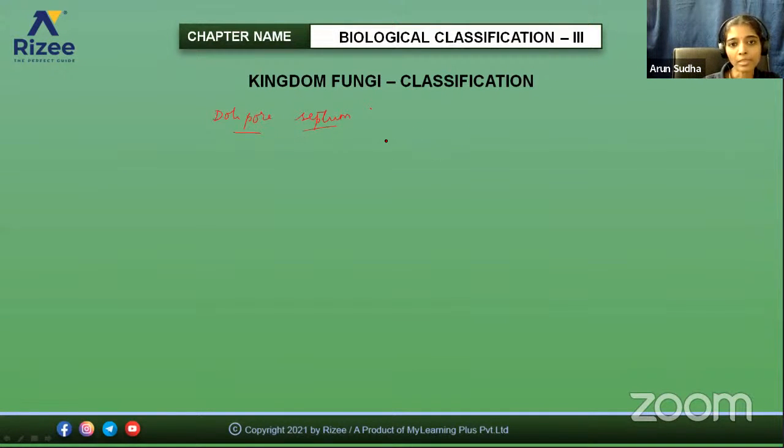In the case of this septum, there is a pore in between, and due to the spreading of the boundaries, they form a dome-like structure, and it is called the dolipore septum in Basidiomycetes. And also one more thing is the formation of clamp connections here.